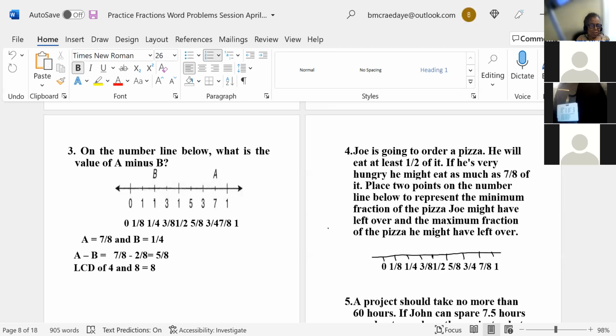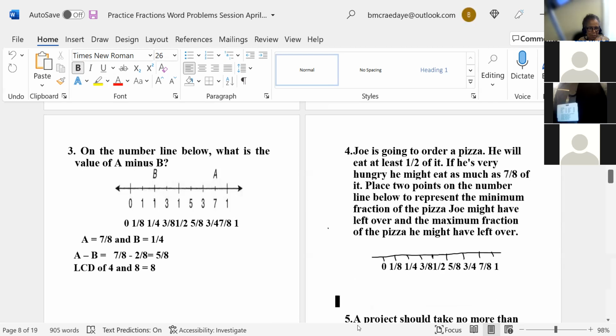So your question here is, what is the minimum fraction of the pizza he could have left over, and what's the maximum fraction of the pizza he might have left over? Maureen, how would you solve it?